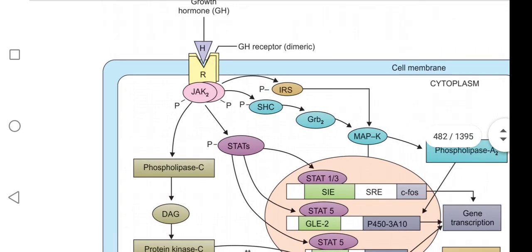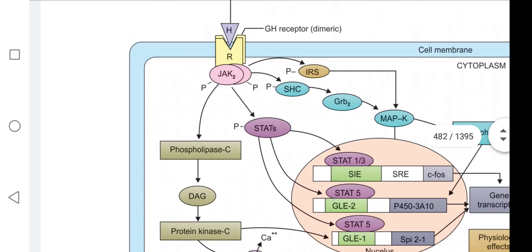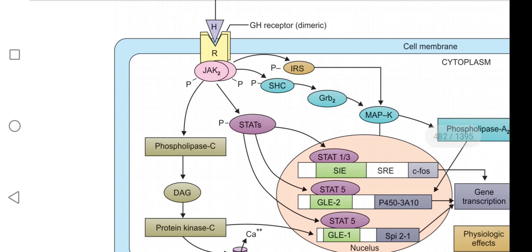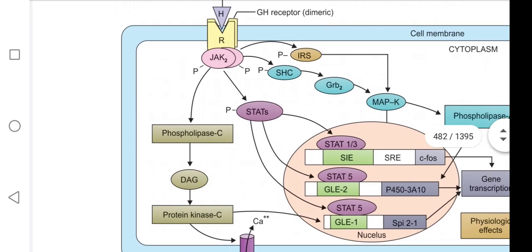When the HR complex is formed, it stimulates the membrane enzyme phospholipase C. Phospholipase C is one of the membrane enzymes. It is activated through the HR complex formation, which results in production of DAG.